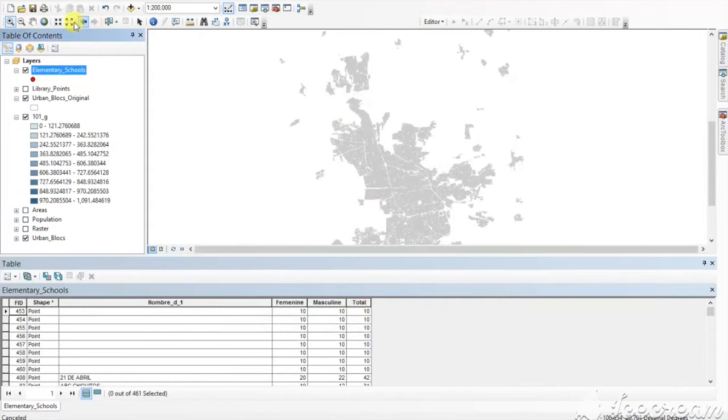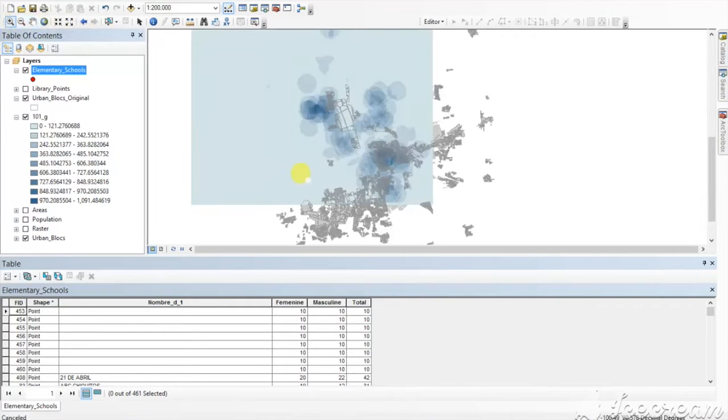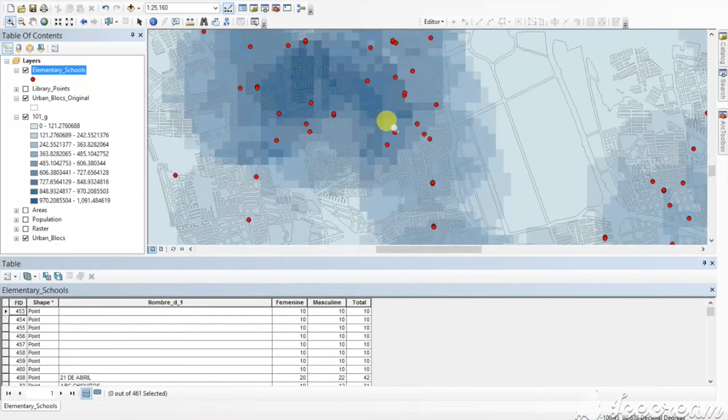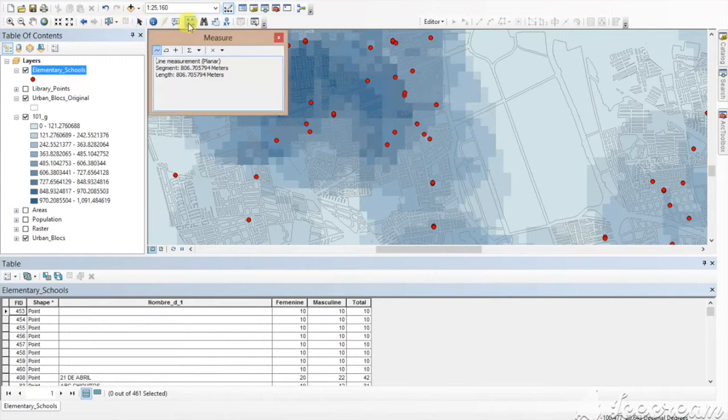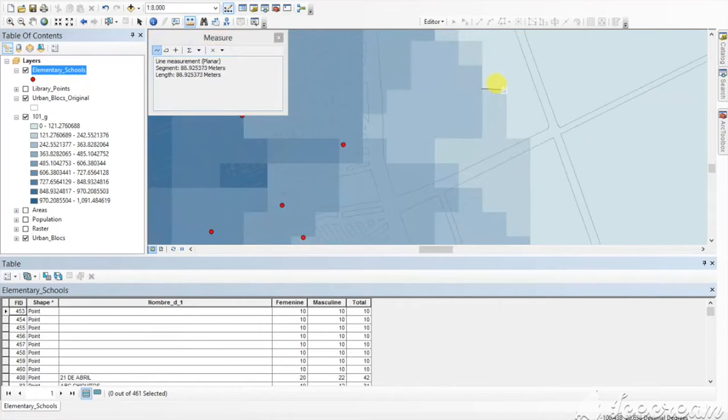So the radius and the output cell size that we introduce will be represented in meters. Okay, the output cell size. For each one of these points, a little pixel will be created, and the dimensions of the pixel will be 100 by 100, okay?